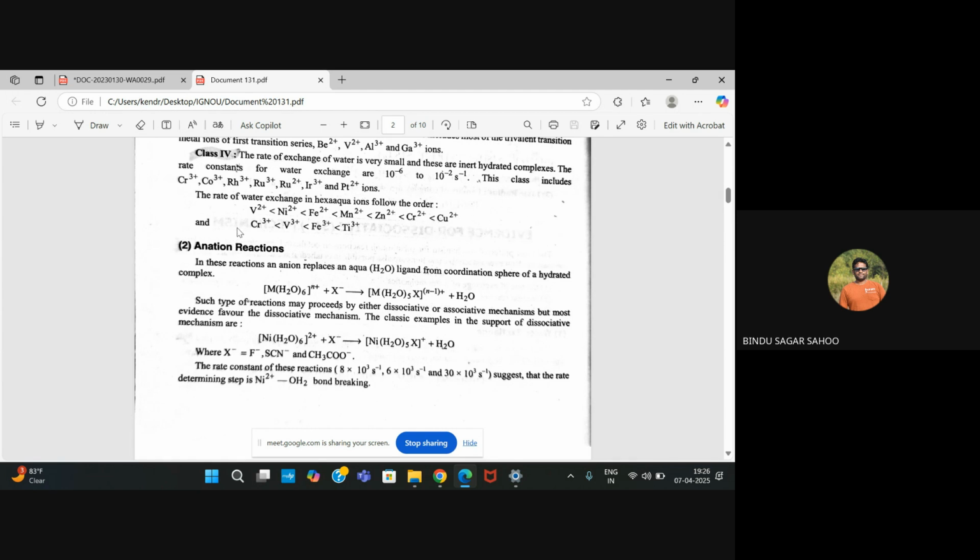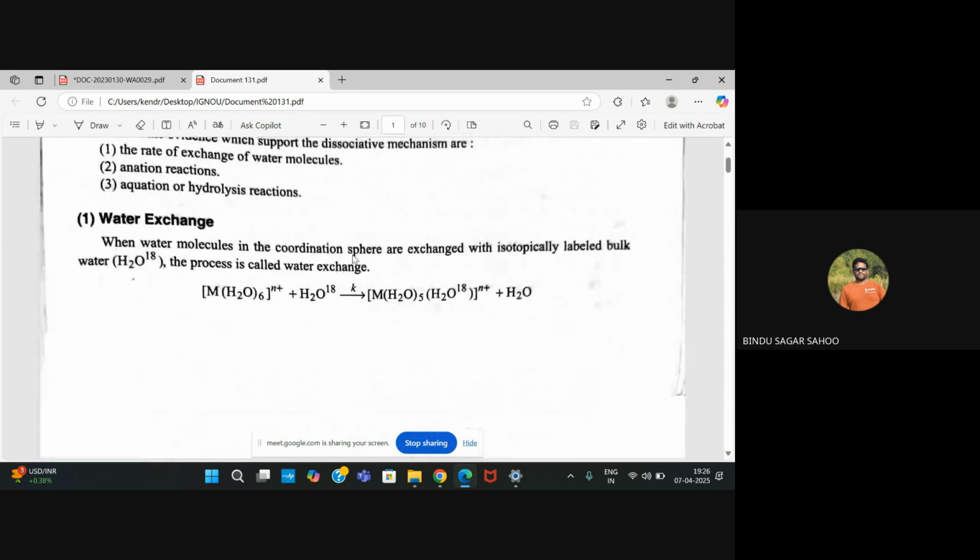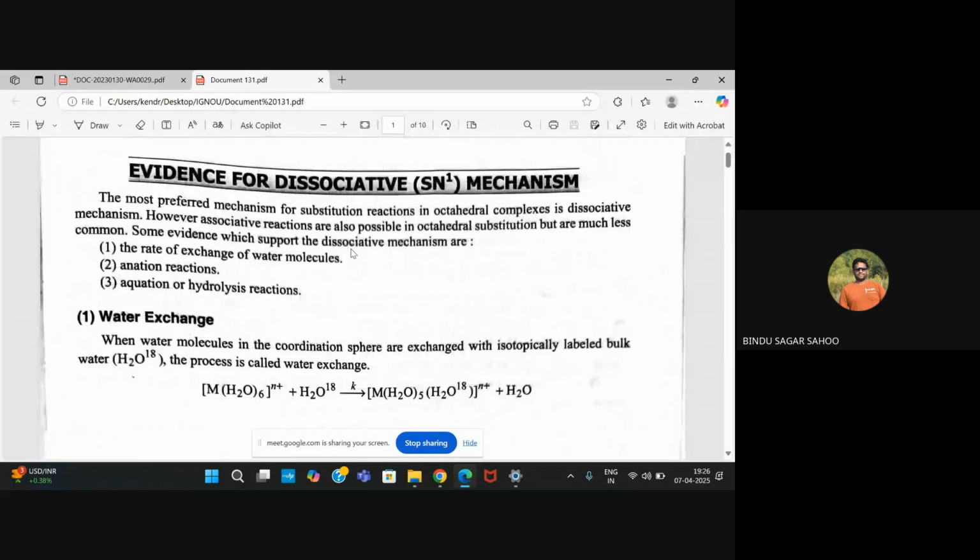And this is the plus 3 series order, or the tripositive ions order. But out of plus 2 and plus 3, the plus 2 transition metals will definitely show the highest rate of chemical reaction compared to the plus 3. So water exchange is very, very important. Most entrance exams and semester exams will ask this.